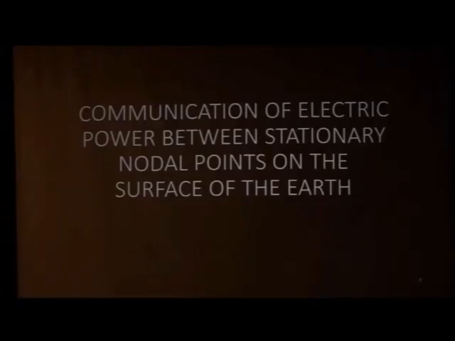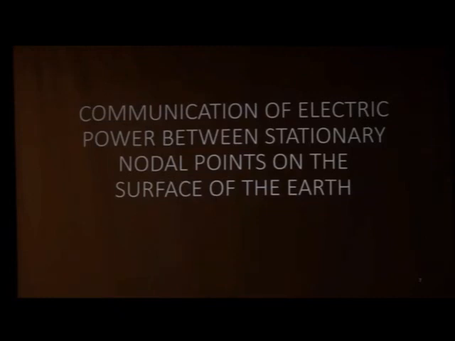So now we have to establish what Tesla called a stationary wave, the radio people called a standing wave. We're going to stick with Tesla's terminology as much as we can through all this. And we have to make this wave in the Earth with the unipolar transformer. Then this standing wave sets up nodal points on the surface of the Earth, and then we connect the receiving transformer there.